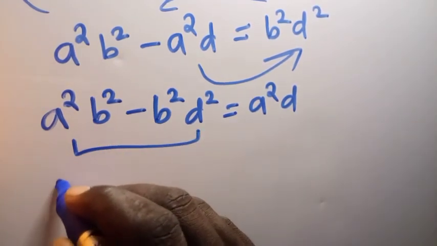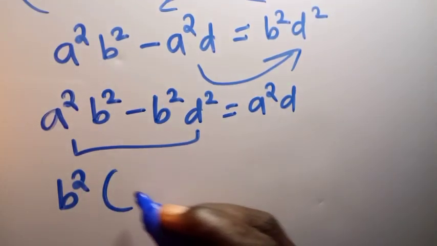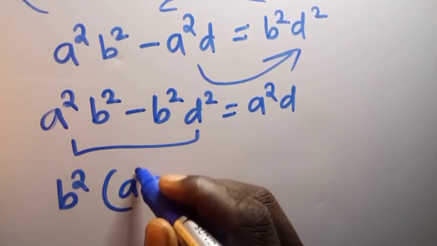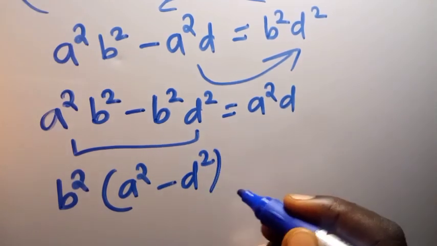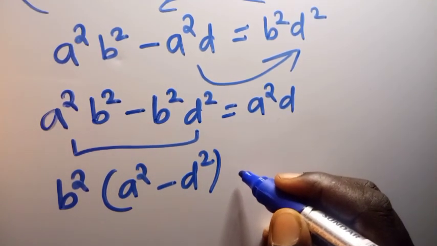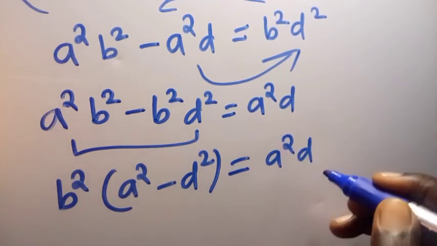The common term is B squared. And when we factor it out, we shall have A squared minus D squared inside the bracket, equals A squared D.